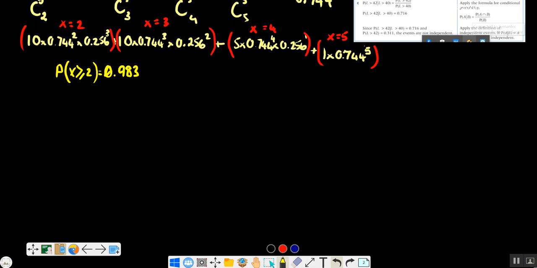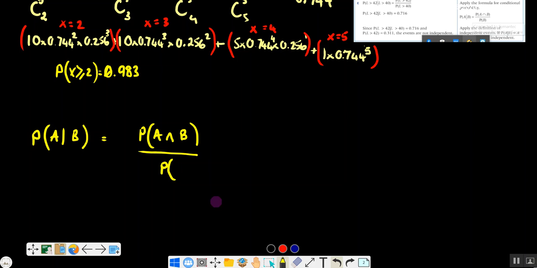We've got the probability of A given B is equal to the probability of A and B divided by the probability of B. Is that the right way around? Can you confirm? Yes.